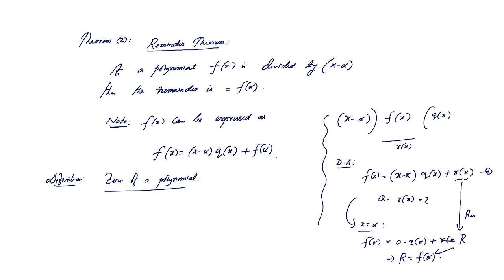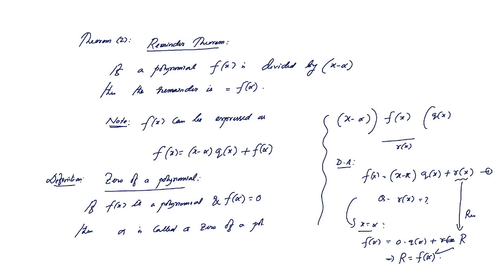If f(alpha) is 0, then alpha is called a zero of the polynomial, because in that case x minus alpha is a factor. So the definition is, if f(x) is a polynomial and f(alpha) equals 0, then alpha is called a zero of the polynomial.